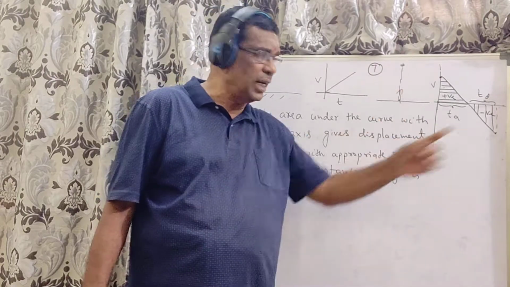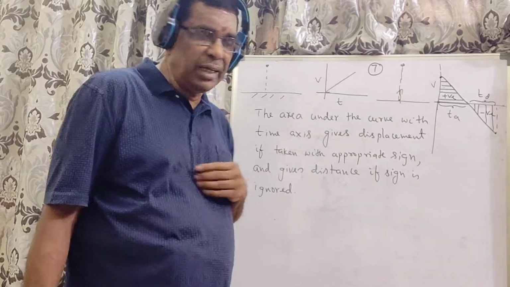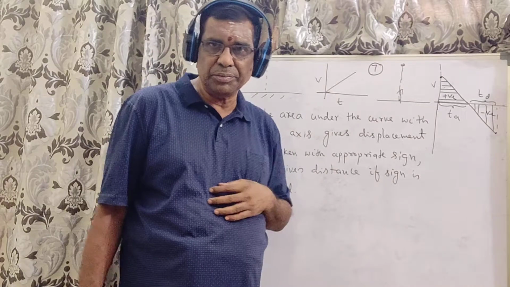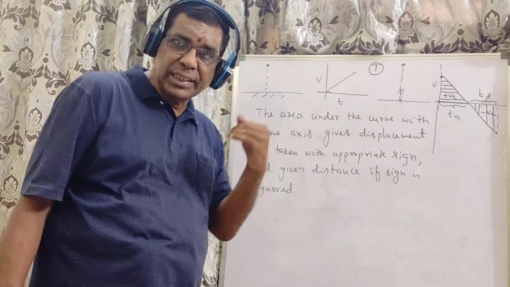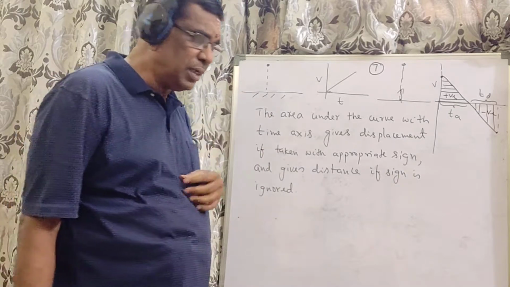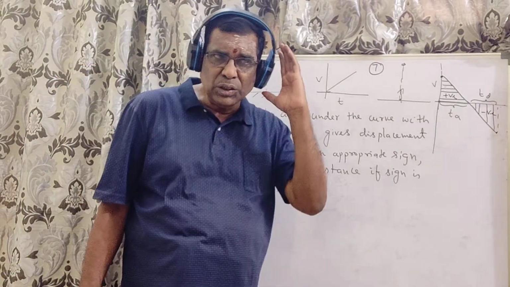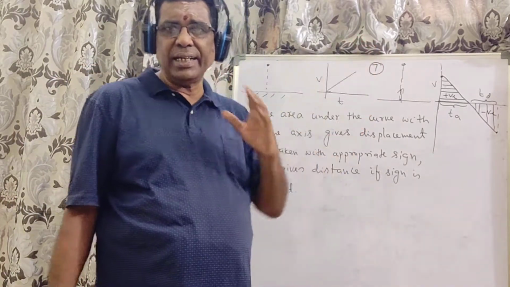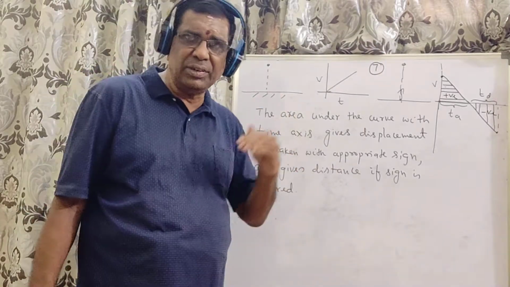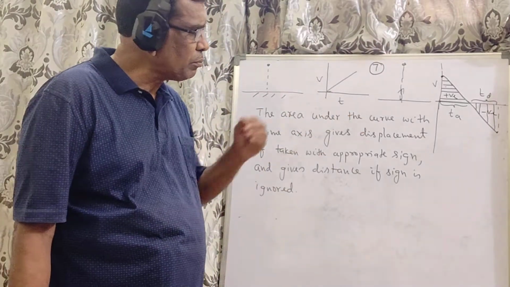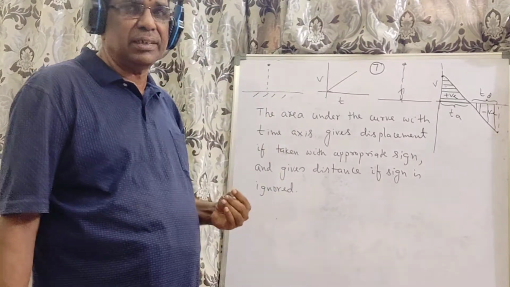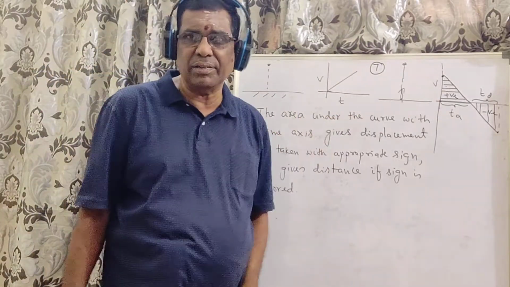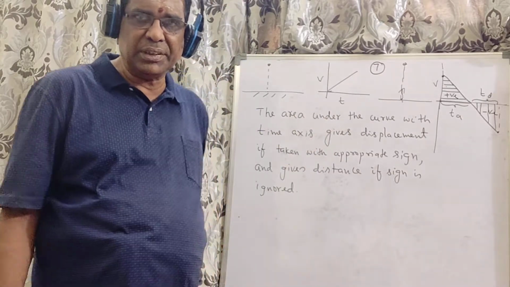Here of course it is a straight line, and the area under the straight line with the time axis is what I am giving. You remember, in a graph, slope is obtained by the derivative, which is the instantaneous slope. And integration is nothing but the area under the curve with the appropriate limits.